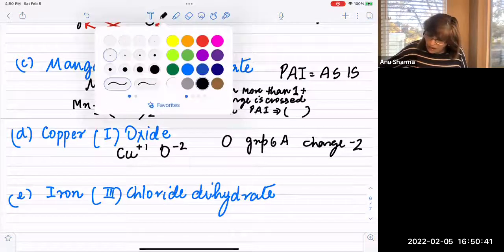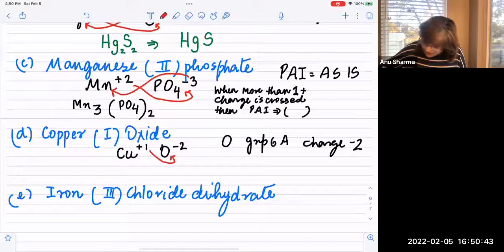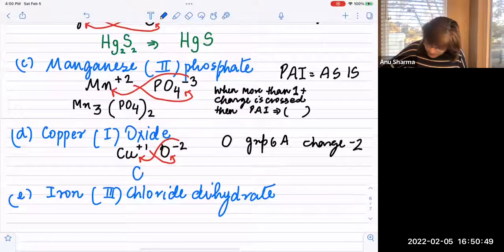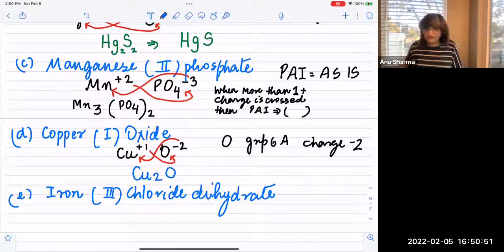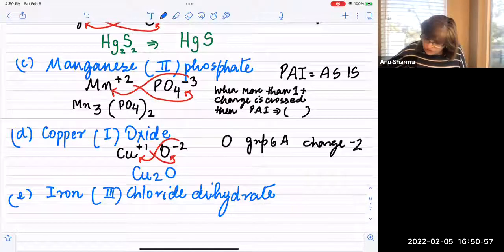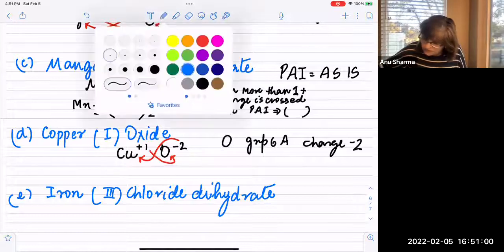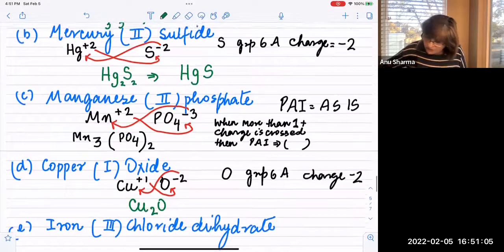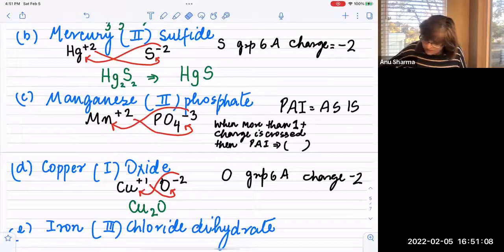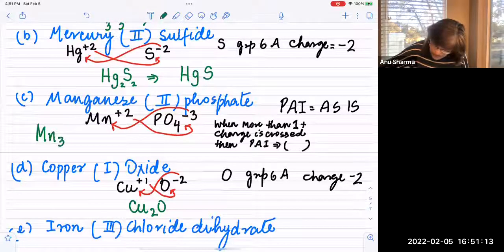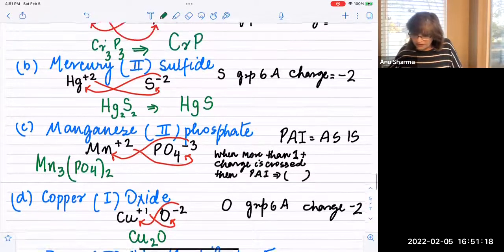Now this number comes here, and this number comes here, and you have copper 2 O, Cu2O. That's the formula. Same is the case here: Mn3 brackets PO4 whole twice.